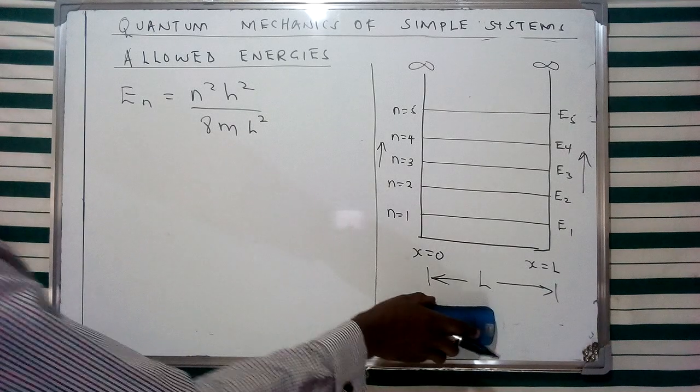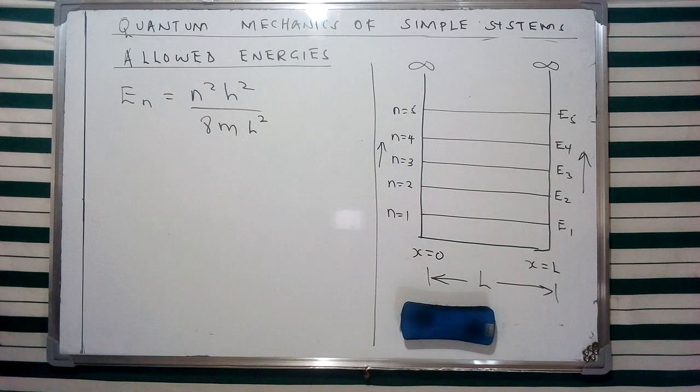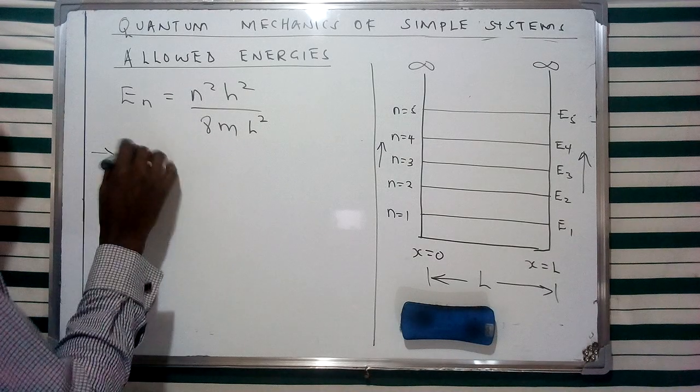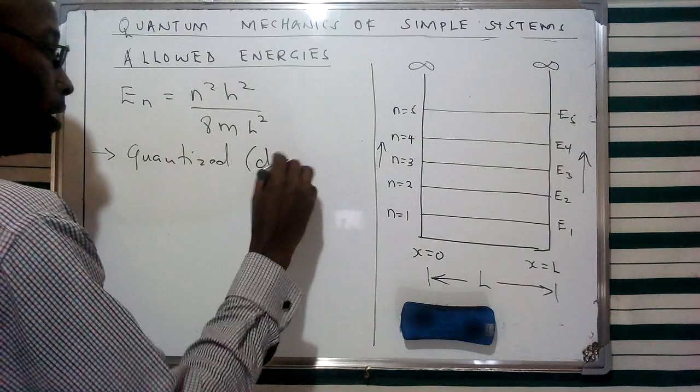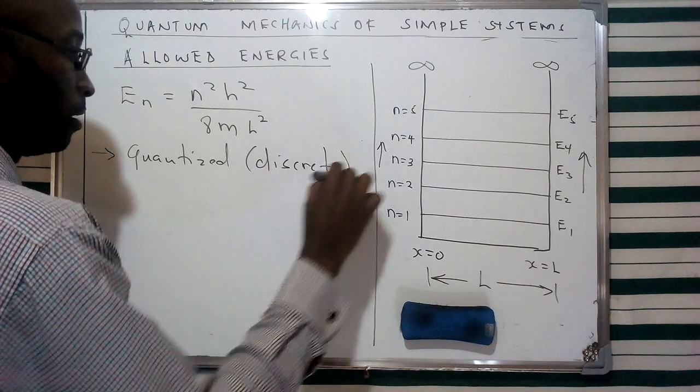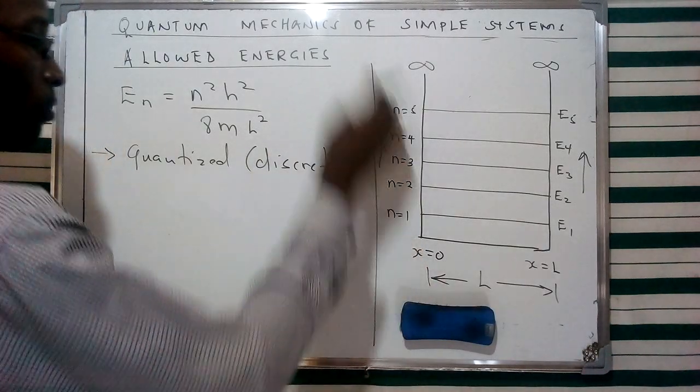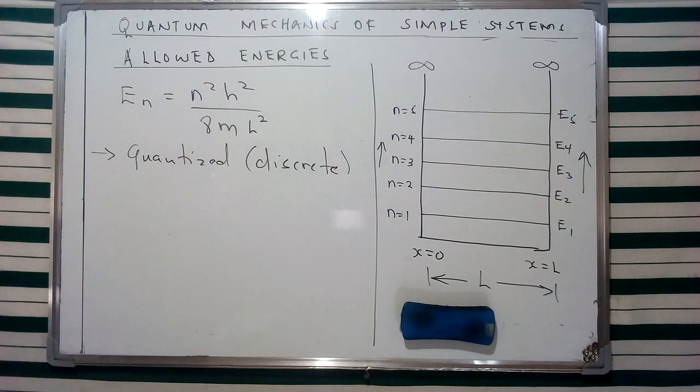So as we vary the values of n, we are going to obtain different permitted or allowed energies. And the energy of the electron, as we said, is going to be quantized, which means it appears in discrete units, in terms of these numbers n.